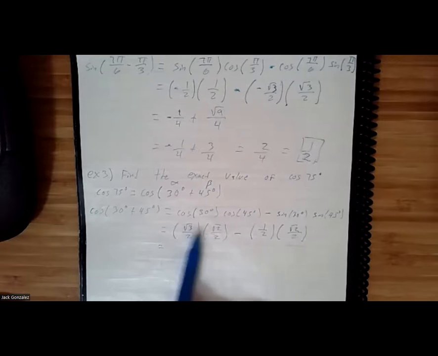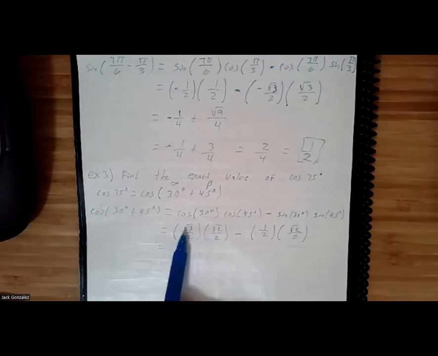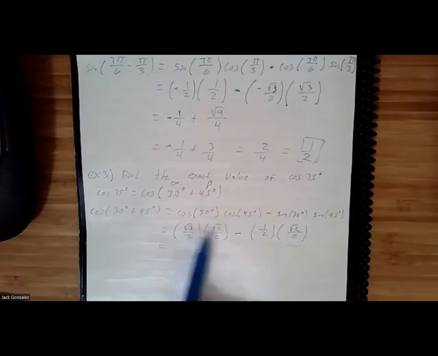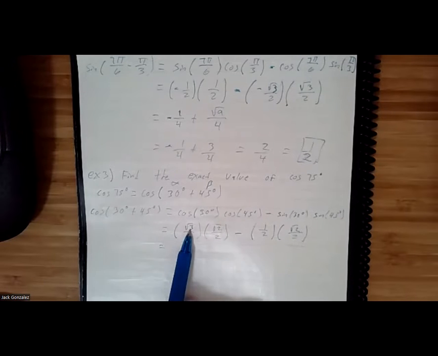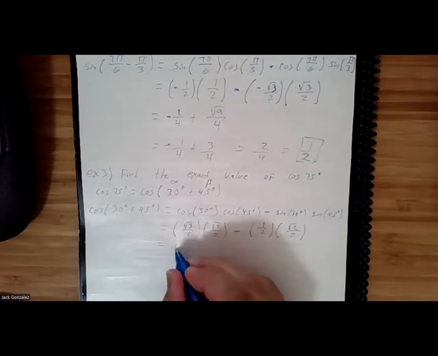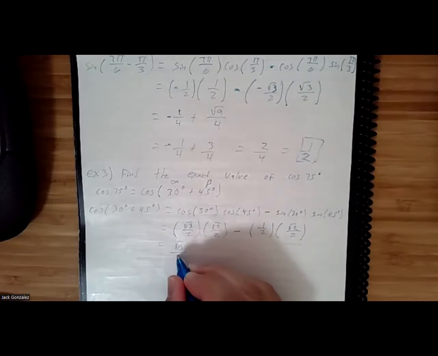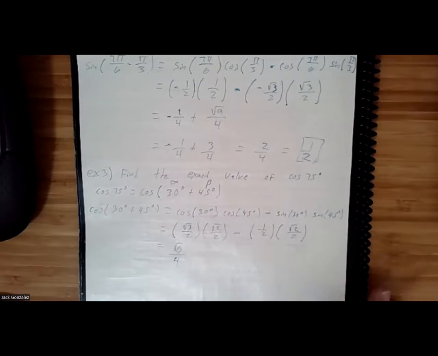So you can't add the same roots if they're not exactly the same, but if you're multiplying, you can always multiply the numbers inside. So square root 3 times square root 2 will simply be this. 2 times 2 will be 4. Just a quick reminder, right?